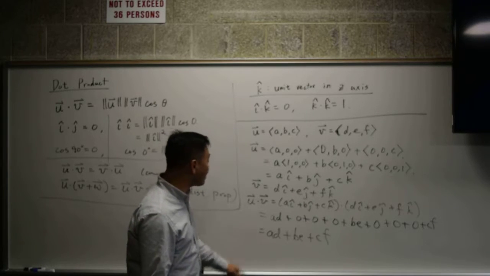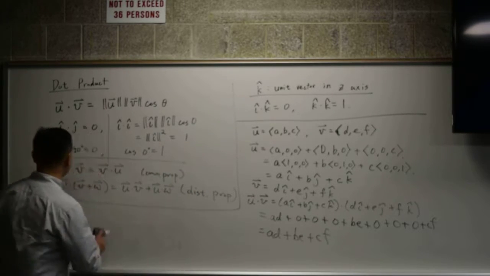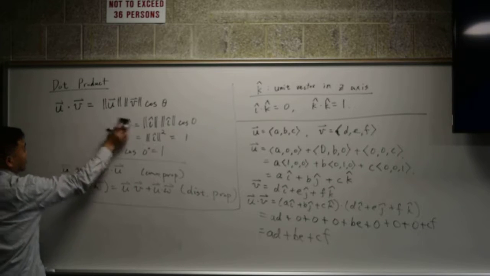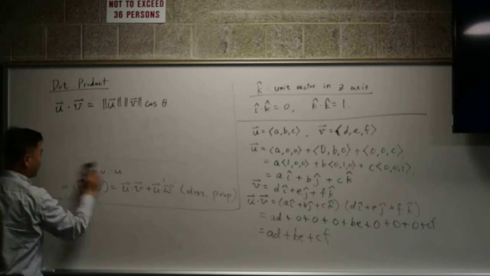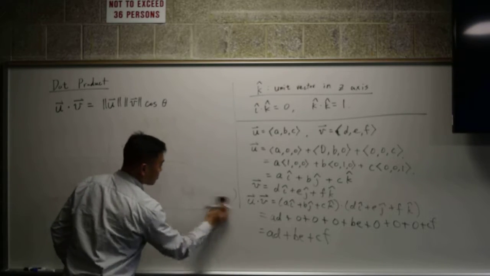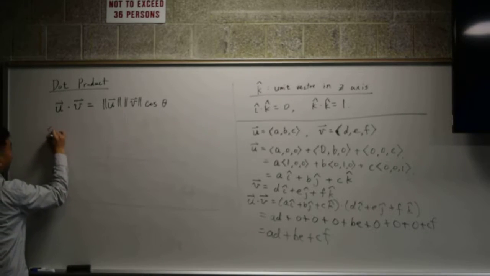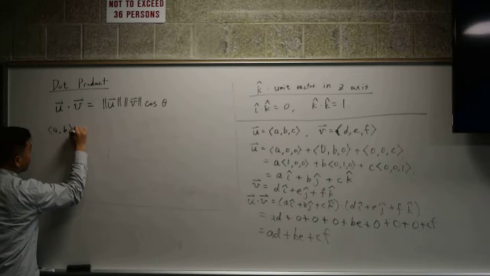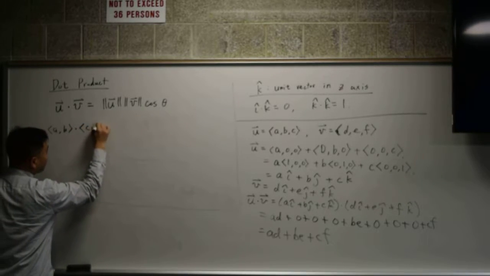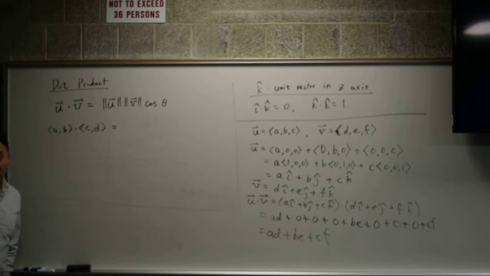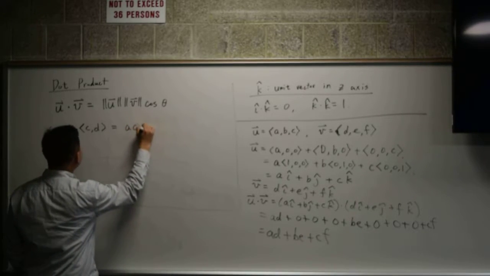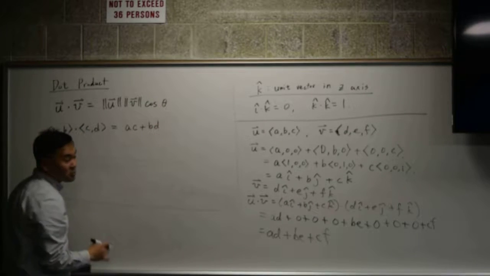Now, can you think about what will be the formula for two-dimensional ones? If you have A comma B dotted with C comma D, what would you get? AC plus BD, for the same reason.